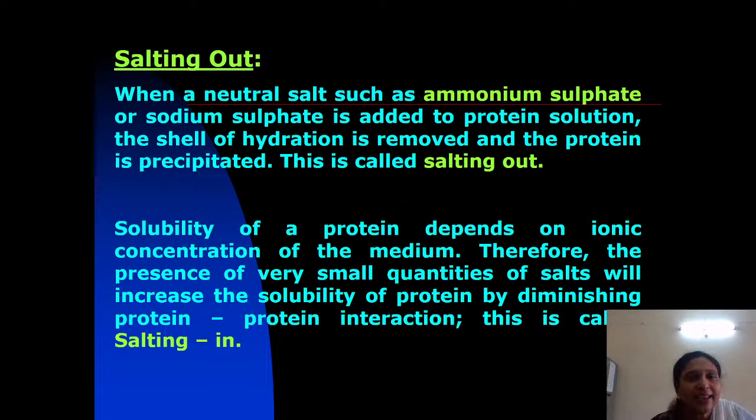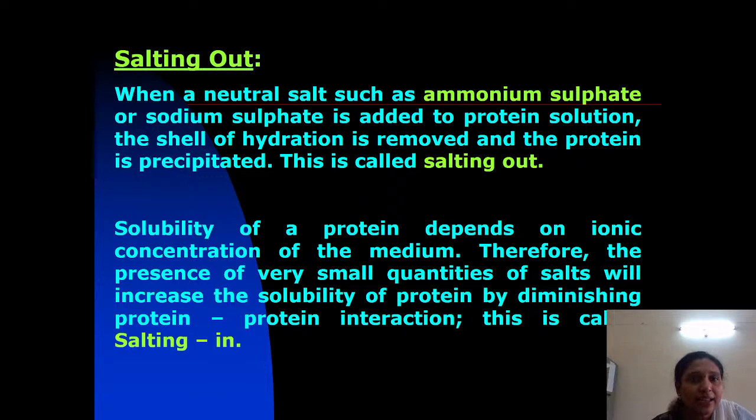Then filter the solution. In the filtrate, if the protein is still there, it means the protein is not precipitated by half saturation. That means the amount of salt you have added is not sufficient to remove the protein.